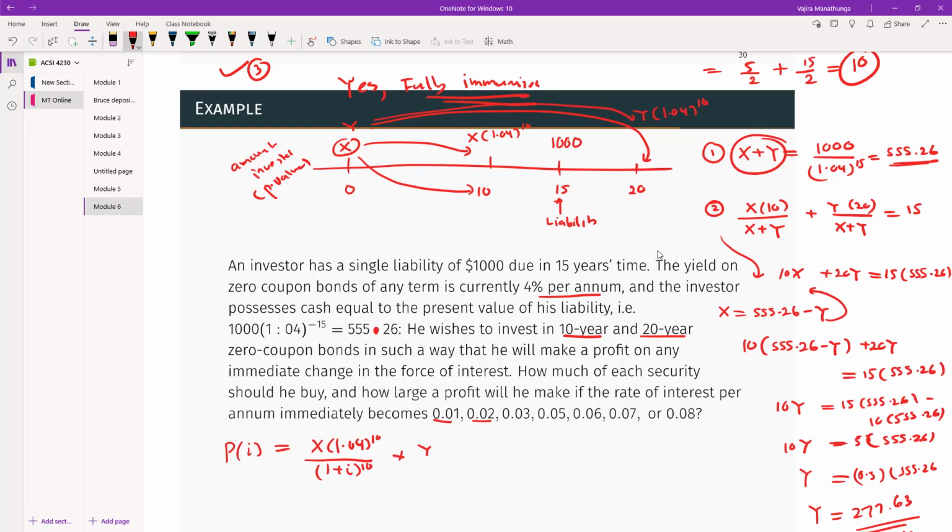Then Y times 1.04 to the 20, it should be 20, divided by 1 plus i to the 20. Minus 1000 due in 15 years, so 1000 divided by 1 plus i to the 15.